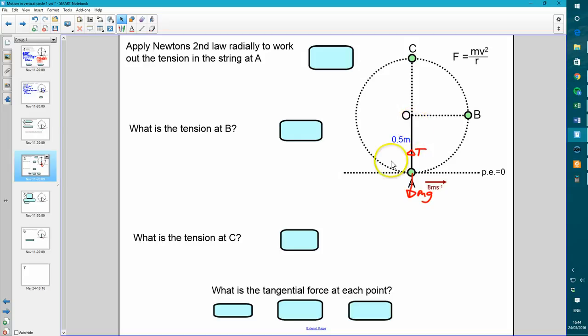Taking our positive direction towards the centre of the circle, my net force is going to be my tension, which is the positive part of it, take away my weight, which is mg. So I'll write that down. My tension take away mg is my net force, and that's going to be equal to mv squared over r.